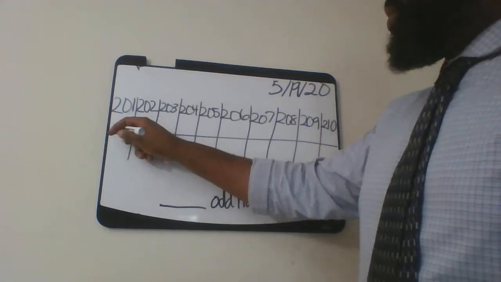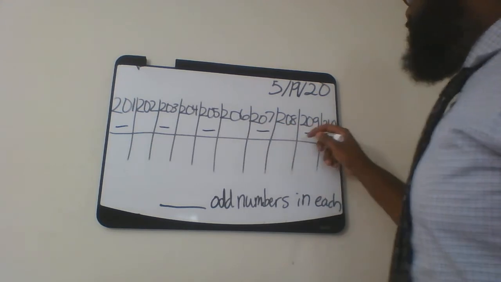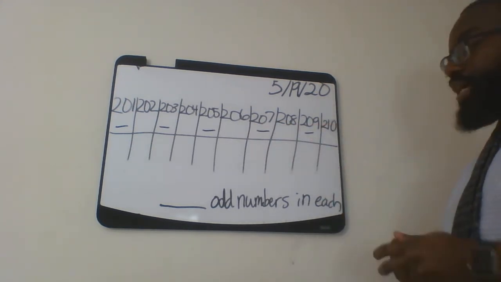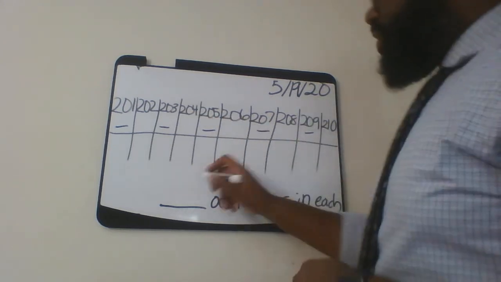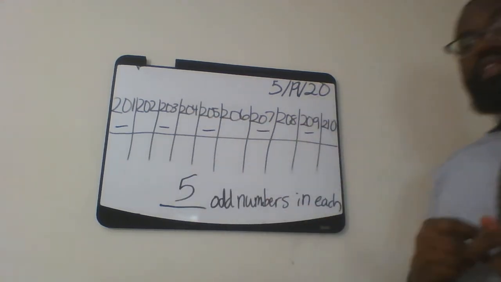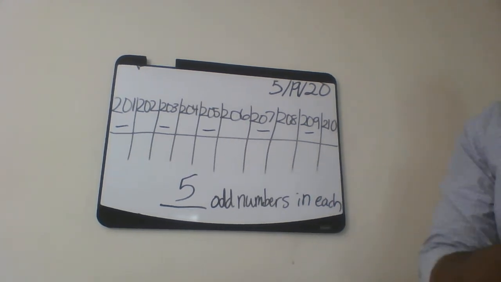So 201, 203, 205, 207, 209. Those are odd numbers, and it says how many each row. Let's count. 1, 2, 3, 4, 5. So we have 5 odd numbers in each row. And then I'm going to write the next question. It says odd numbers in all. How many odd numbers do we have in all?